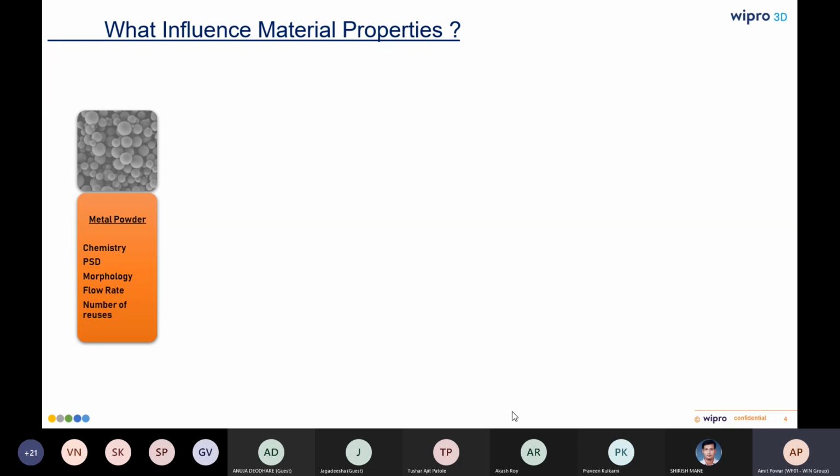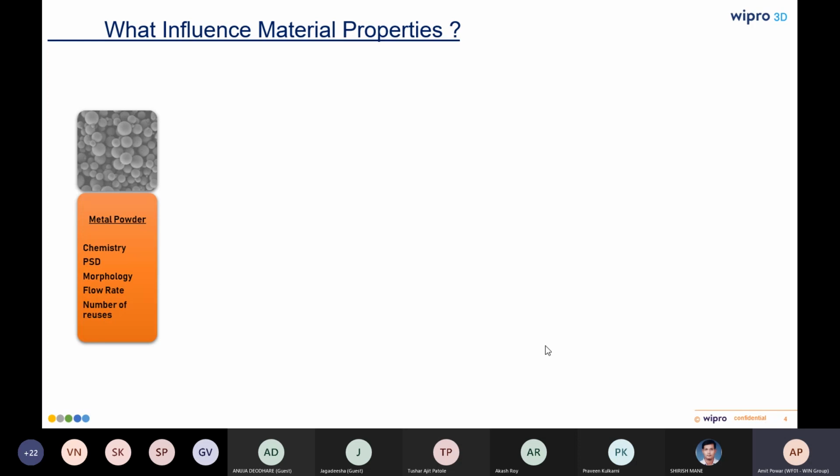You might be aware of this. Chemical composition is common in the conventional manufacturing route also; there it affects the same way. Here one important parameter is particle size distribution, which is specifically applicable to additive manufacturing. Different particle sizes are used for different additive manufacturing processes.